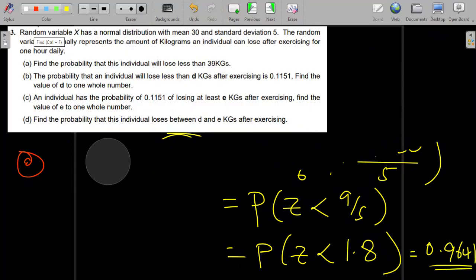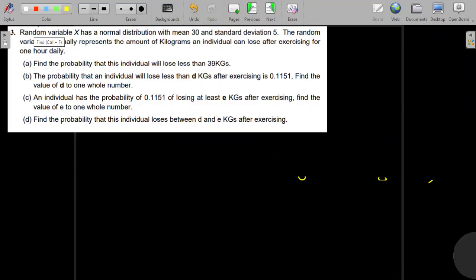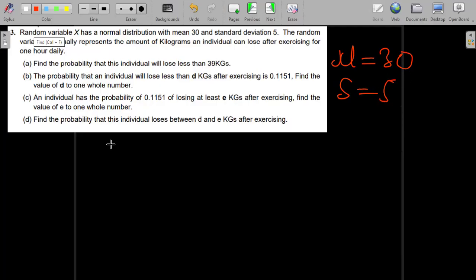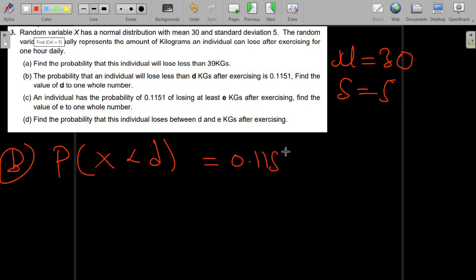All right, so let's look at B. Let me just write my mean and then my standard deviation, 5. They're saying the probability that an individual will lose less than D after exercising is 0.1151.